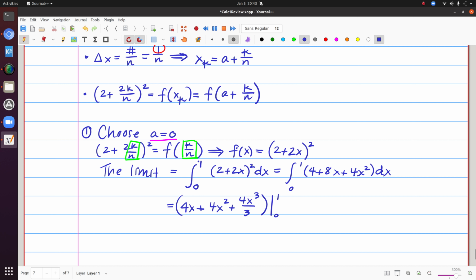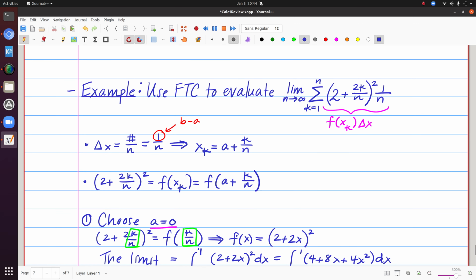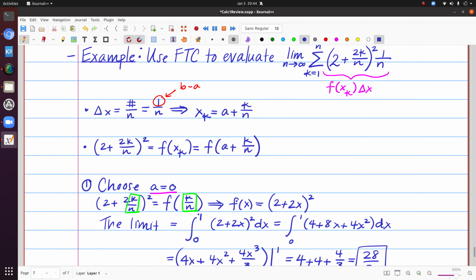Evaluate this from 0 to 1. I'll get 4 plus 4 plus 4/3. And this will end up giving us 28 over 3. So this number is what our limit is equal to here. So this is a full solution.